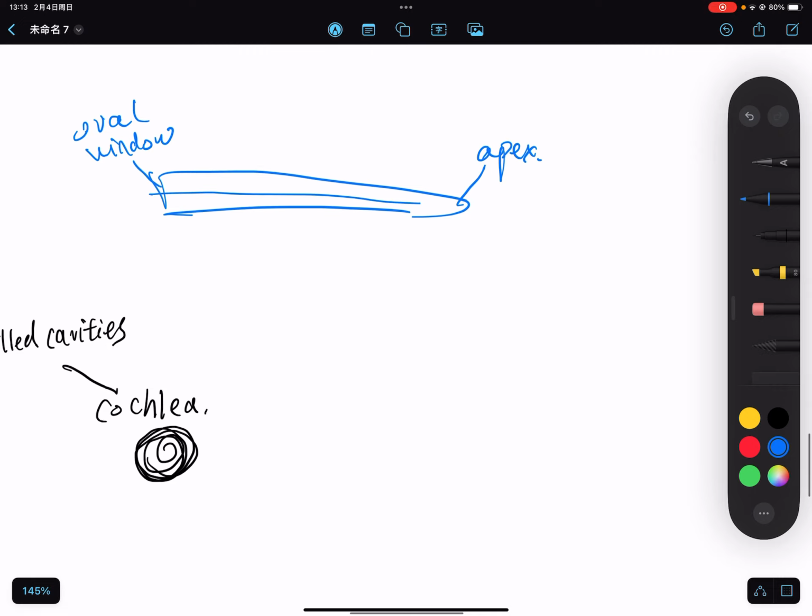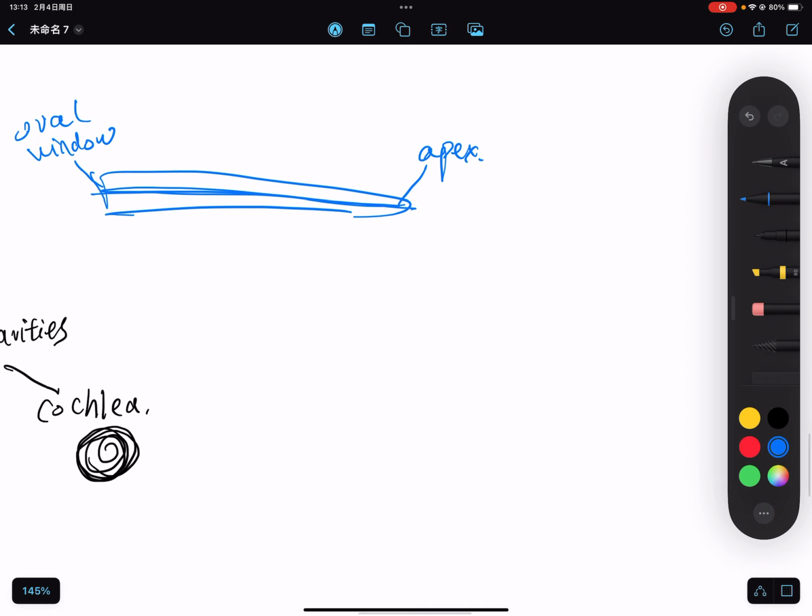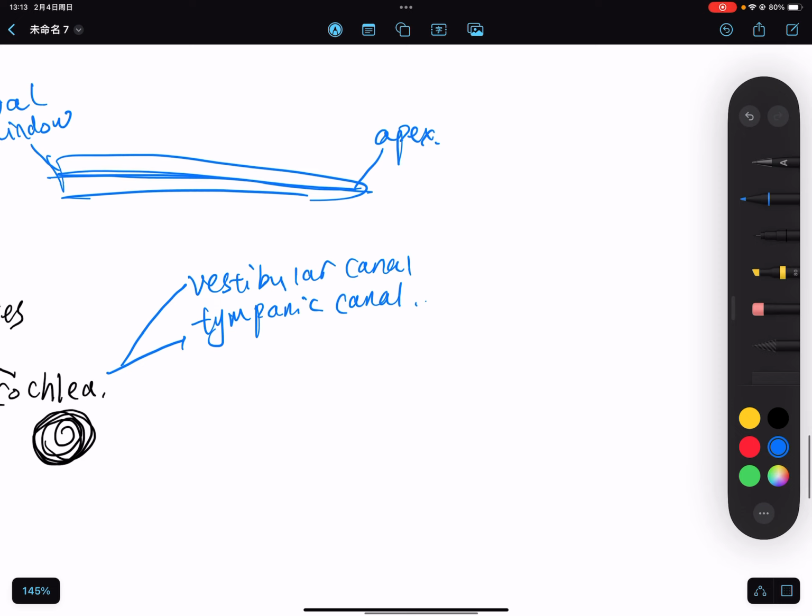Okay, so let's see. First, I will introduce the chambers. The first chamber is called the vestibular canal. The second canal is the tympanic canal, and they are connected at the apex of the cochlea.